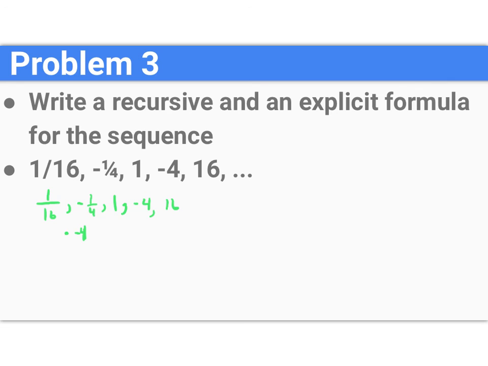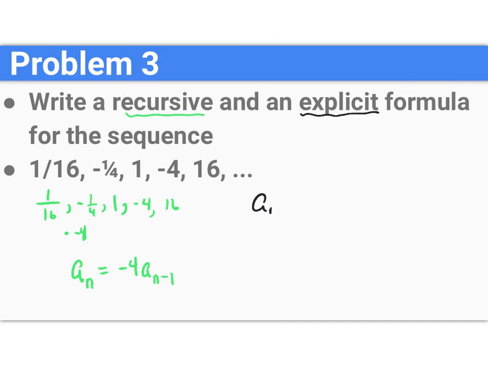So let's start with the recursive formula. The recursive formula says you take your r, which is -4. So any term a sub n equals -4 times a sub n minus 1. Okay, so that's recursive. So for explicit, we need our first term.